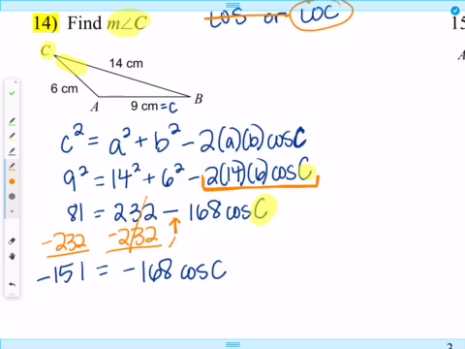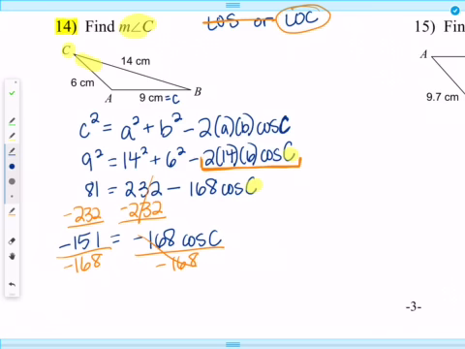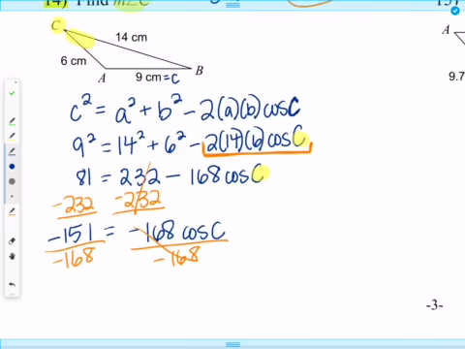Make sure you bring it down and include it with your cosine of C. So next thing we want to do is divide by negative 168. So negative 151 divided by negative 168 will give us a positive 0.898895. I could keep going if I want to, but I'll leave it at that.